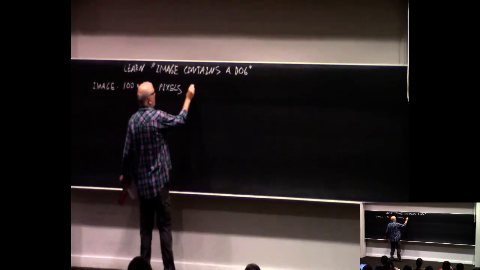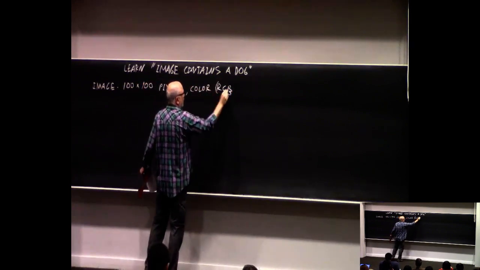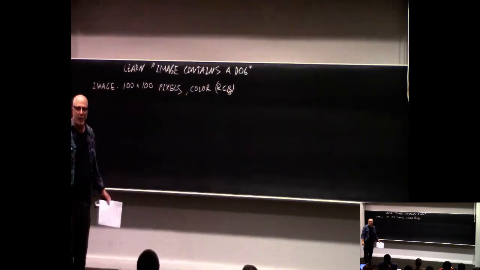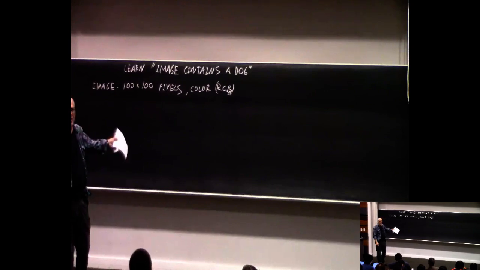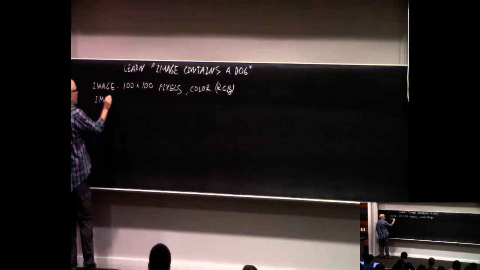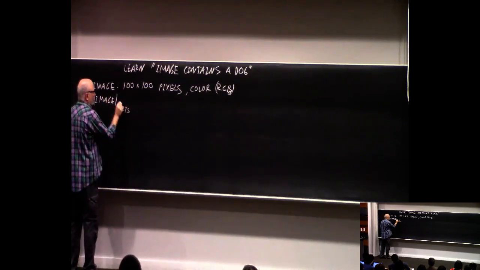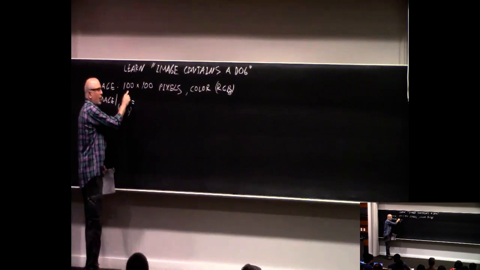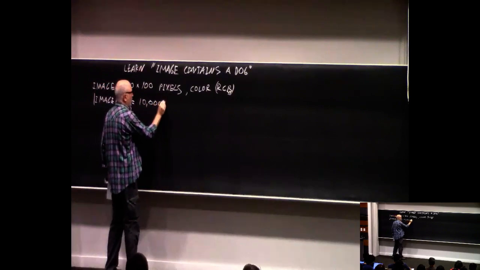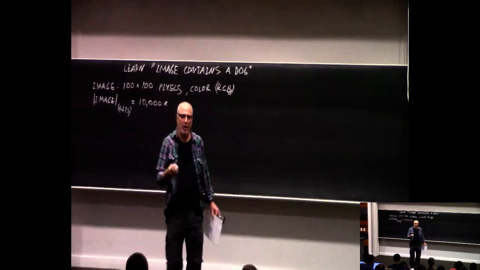So color, RGB. The input space, let's say first the size of the image in bits: 100 times 100, that's 10,000. Times, how many bits does it take to represent every pixel?